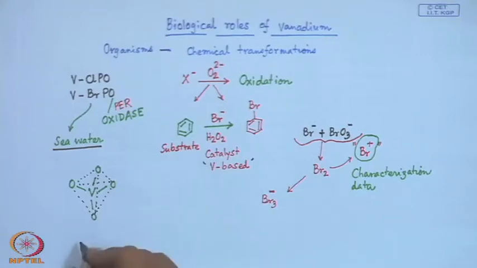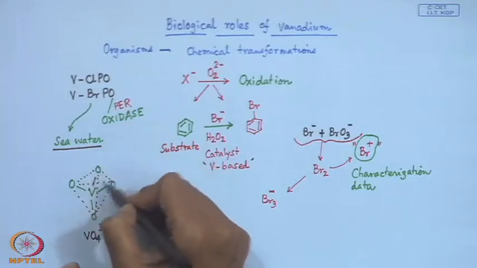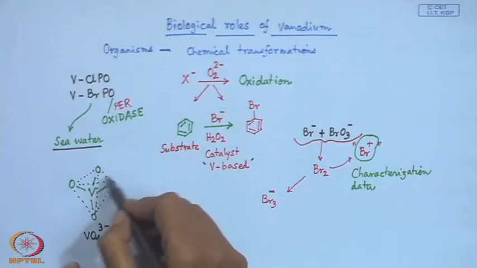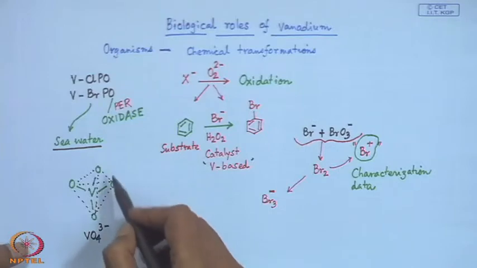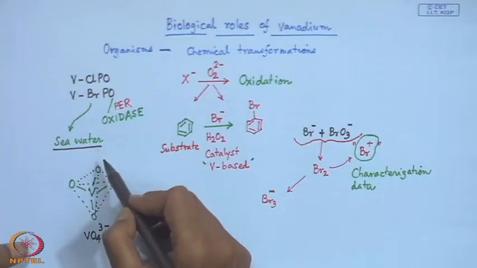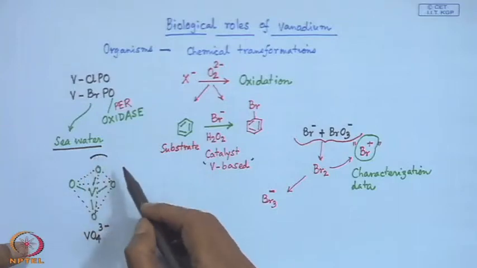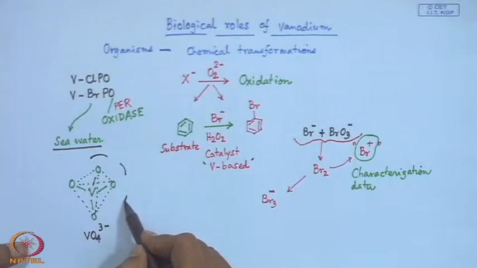So, we can trap VO4 3 minus, where vanadium is present in +5 oxidation state, and these are the vanadium oxygen bonds. Whether they will be further reacting with some proton or some other substrate will depend on how they are encapsulated by the different amino acids.